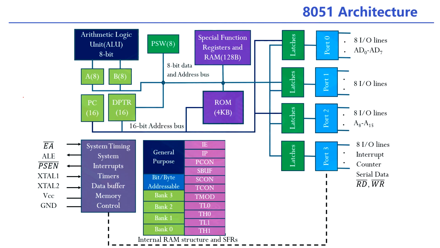Coming to the architecture, it actually represents the internal logic diagram. So already we know that from the definition of the microcontroller, it is an integrated circuit which includes the entire system on a single IC. Okay, so let us see now what blocks are available within this architecture.